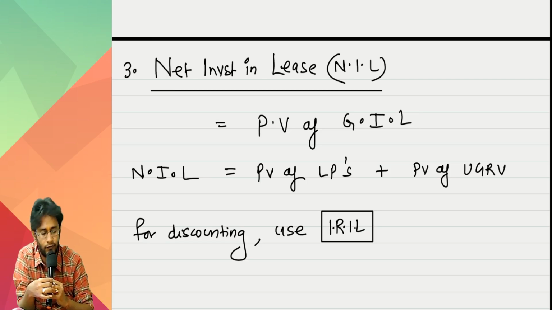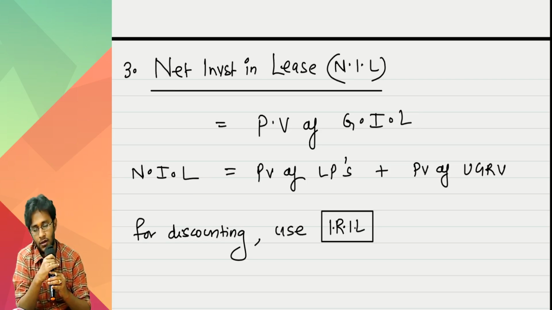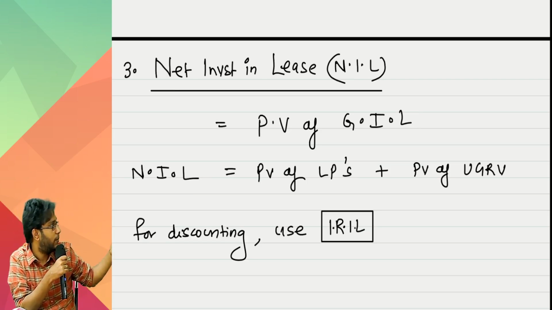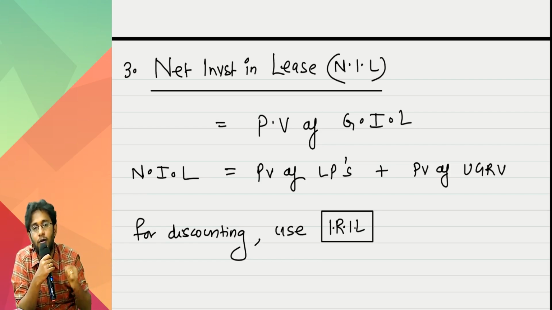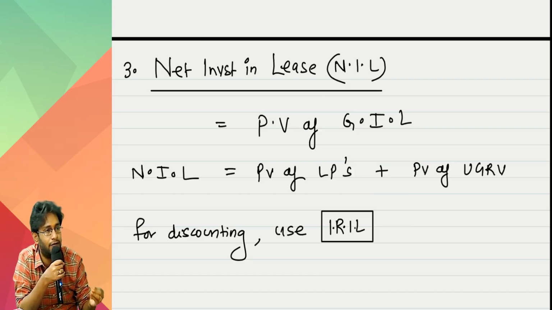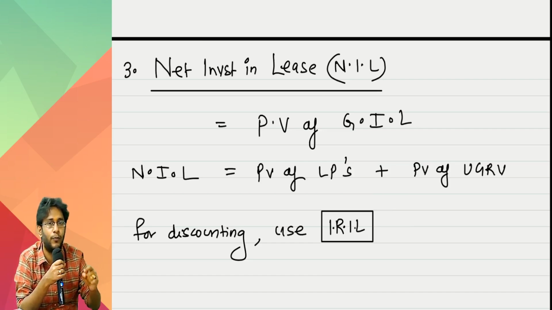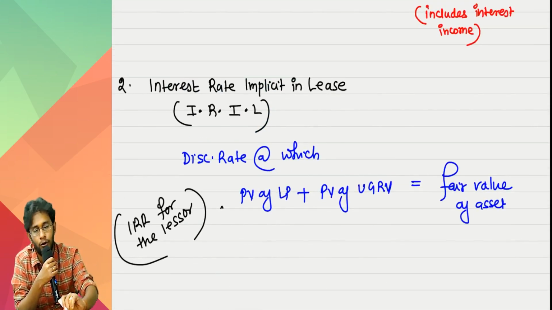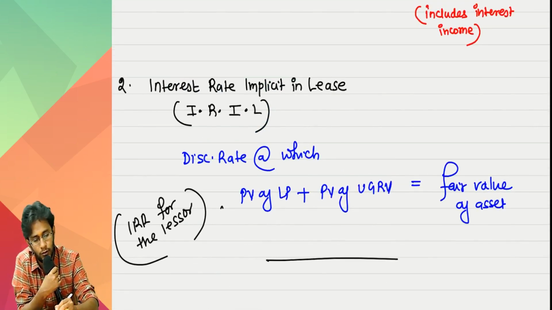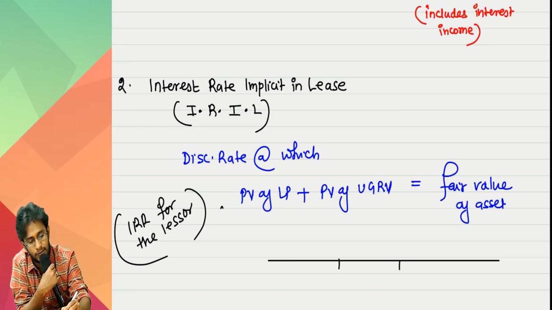This is slightly confusing but important. Lease payments and UGRV: if you discount them using IRIL, what will you get? That is called what? Net investment in lease. But how did you compute IRIL in the first place? How did you compute? What you did is you discounted the same lease payments only.